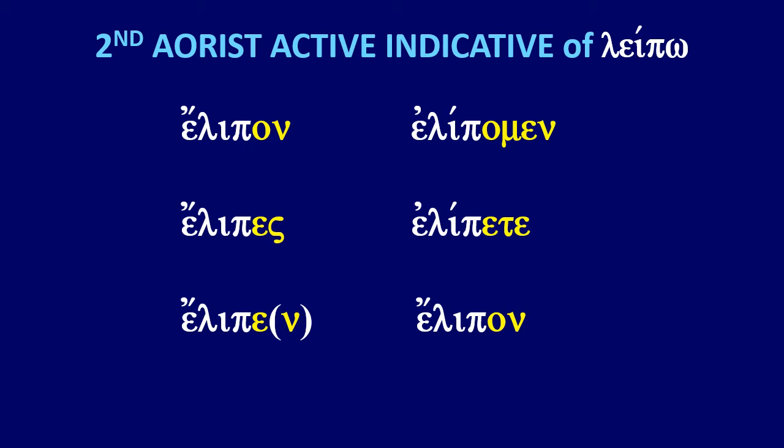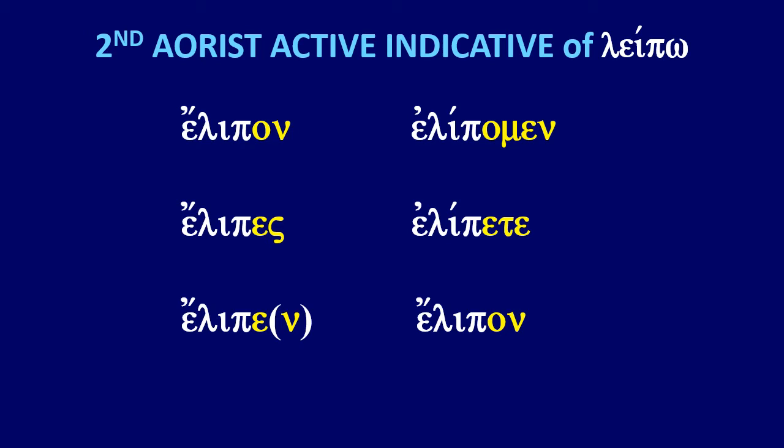First of all, they don't have the sigma, the tense sign that's characteristic of first aorist verbs. That's missing here. And then secondly, you've got a change in the stem from leipo to lip as the stem. The epsilon has dropped out. And that's normally the case, as we'll see, with second aorist verbs.